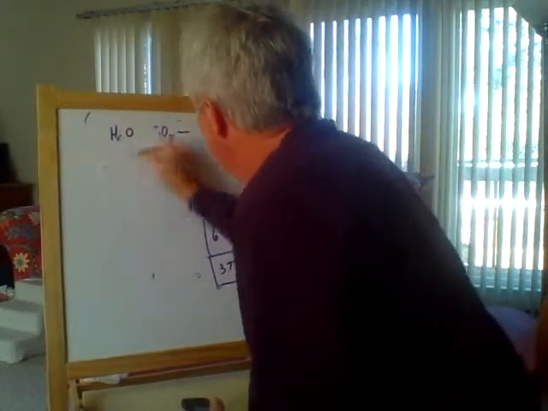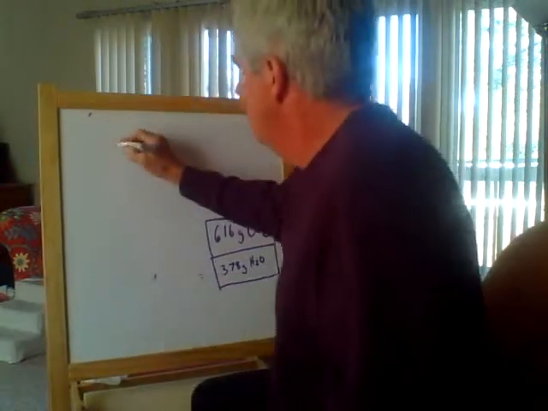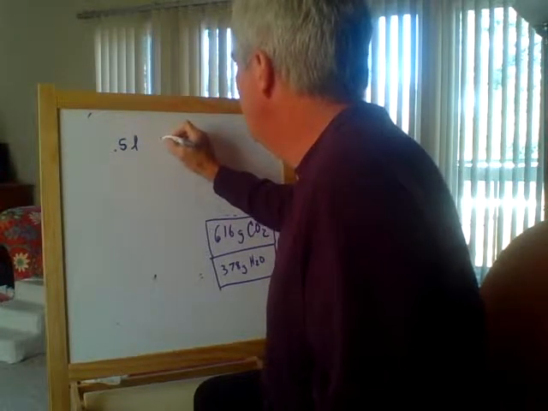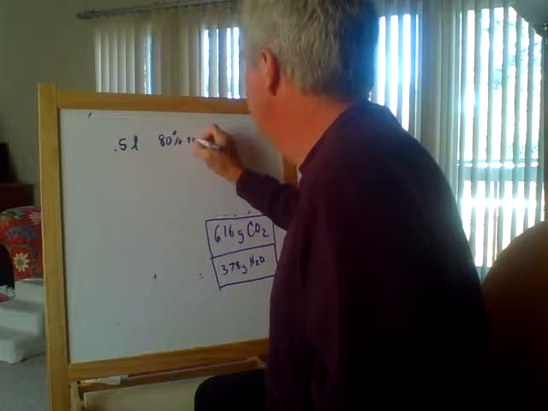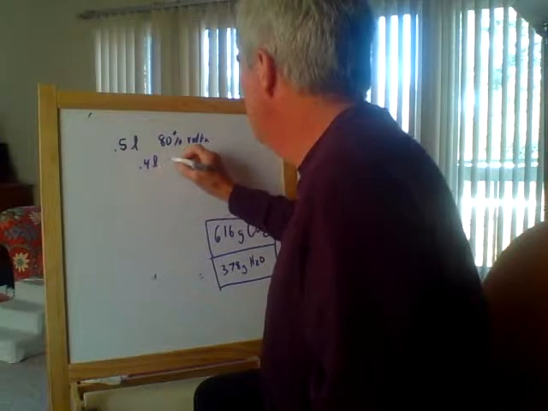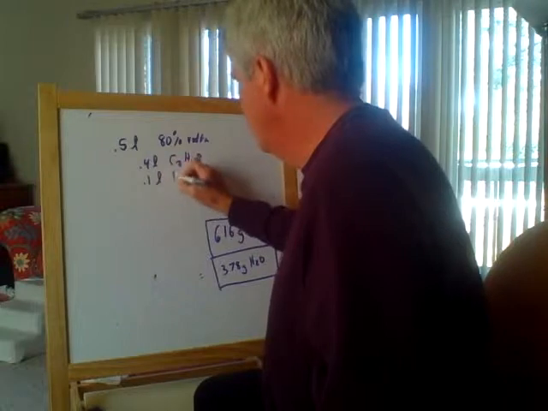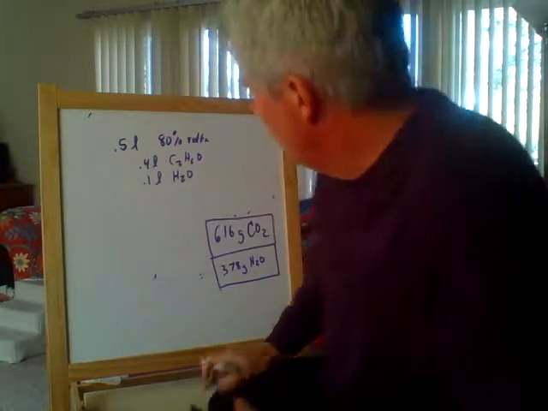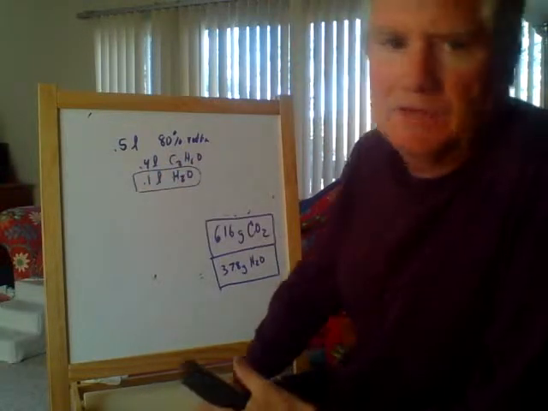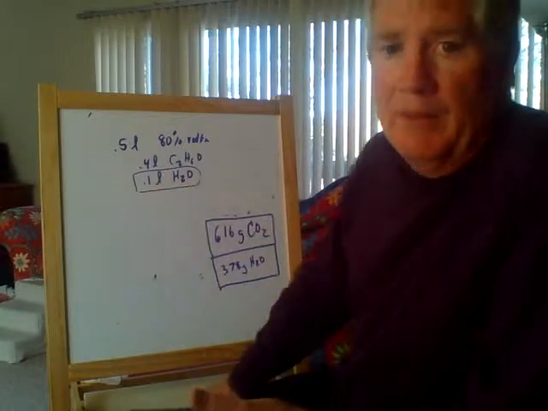But I'm going to go back to our original problem, which is 0.5 liters of 80% vodka, which was basically 0.4 liters of ethanol and 0.1 liter of water. So it's this 0.1 liter here that we need to account for in terms of the extra water produced by burning this much vodka. How many grams is that?